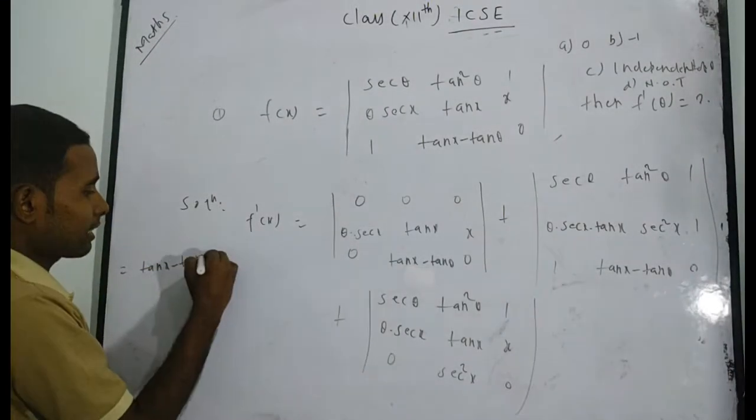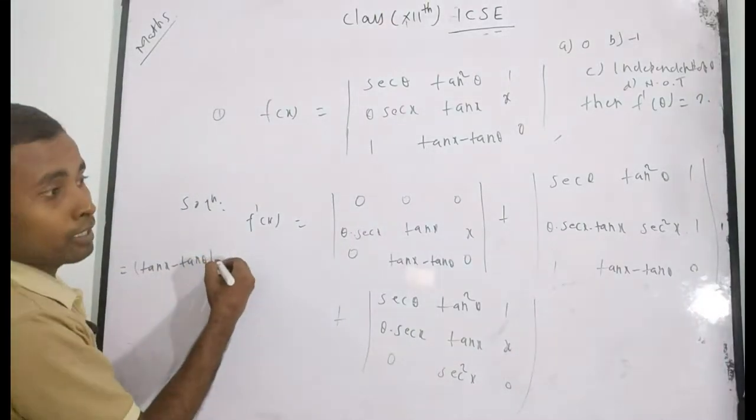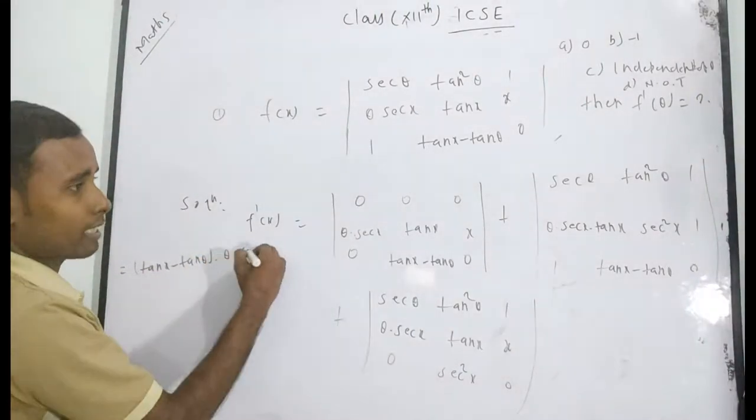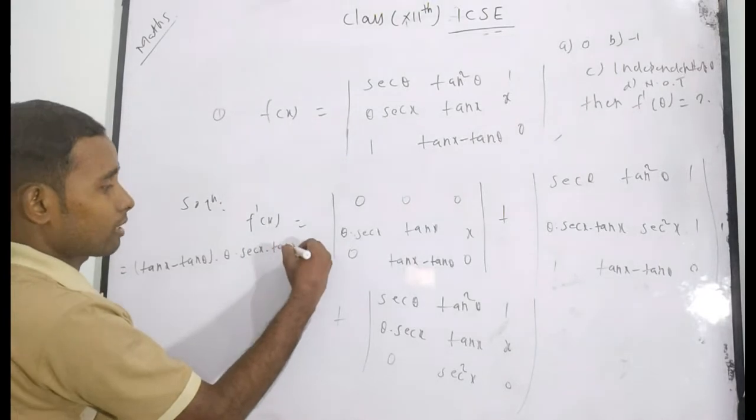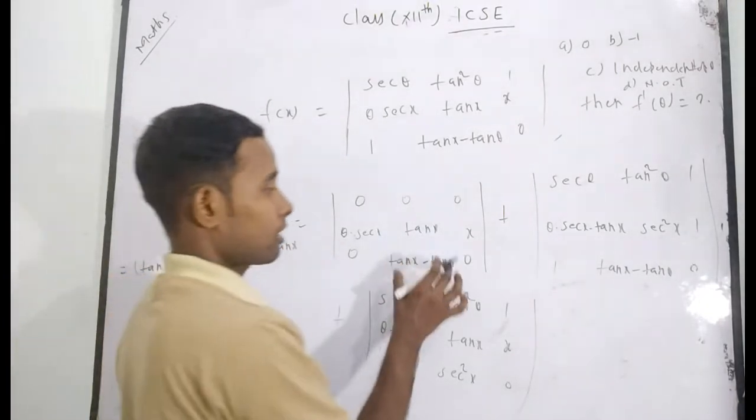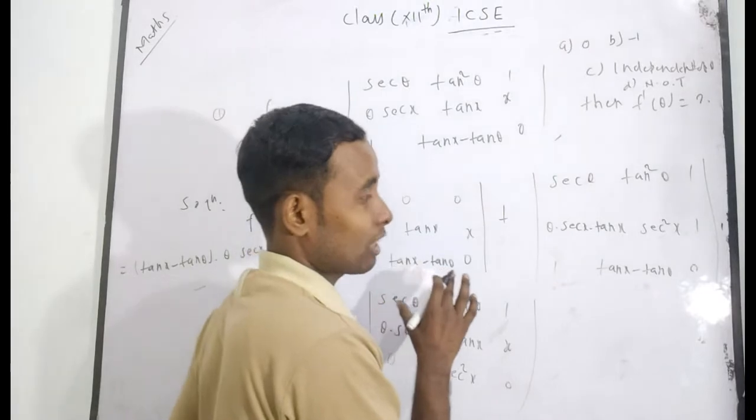Tan x minus tan theta into theta into sec x into tan x. I think you understand. Its determinant will be 0, so I don't like to write it here.